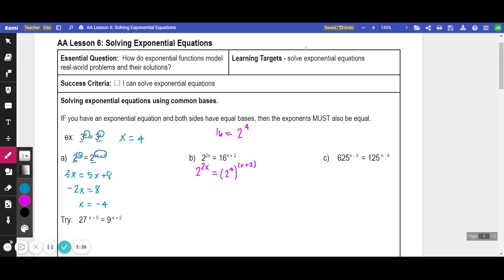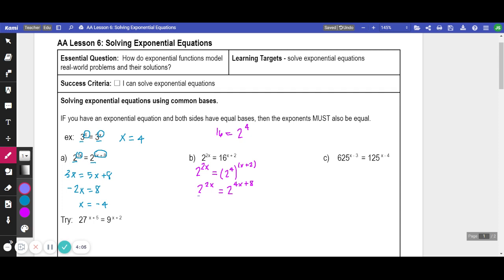So when we did properties of exponents a while back, the power to a power property says that you multiply them. So when we have a power to another power, we multiply those exponents. So 4 times x is 4x, and 4 times 2 is 8.